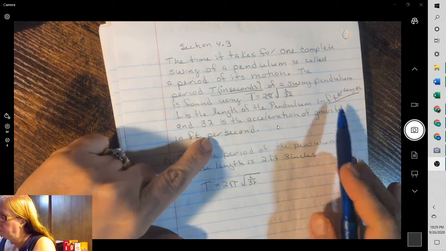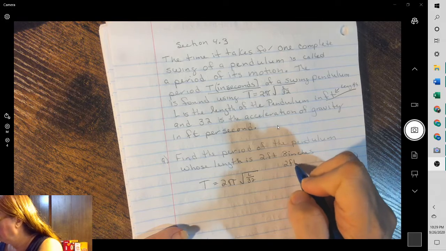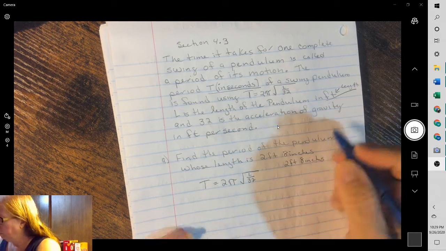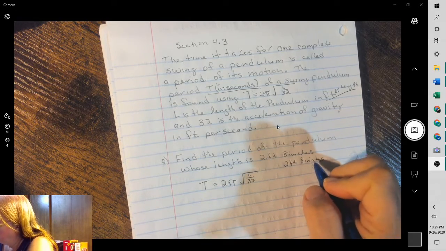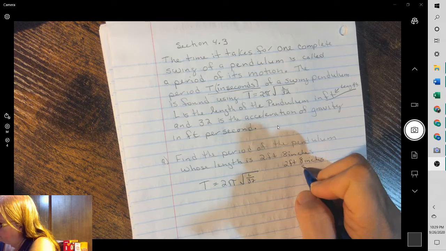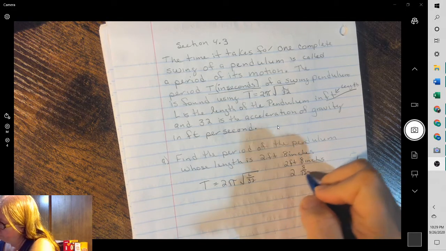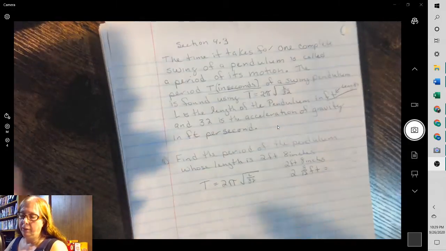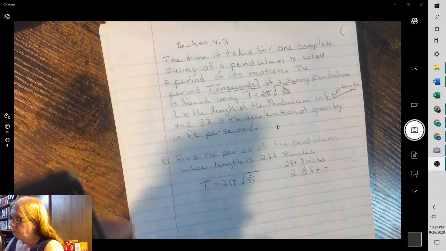Now the length is supposed to be in feet, so we have 2 feet 8 inches. We need to change inches to feet. Well, there's 12 inches in a foot, so it's 8/12 of a foot. And then you can take 8 divided by 12, and you get 2/3.